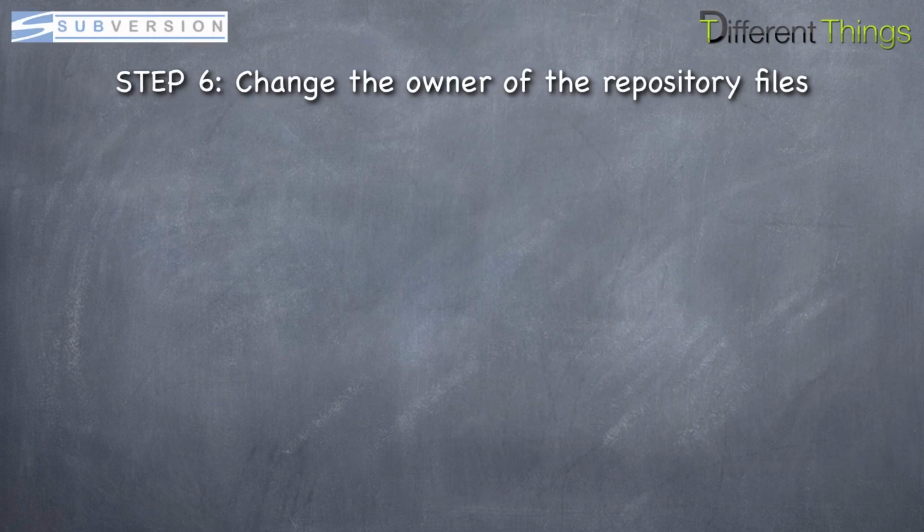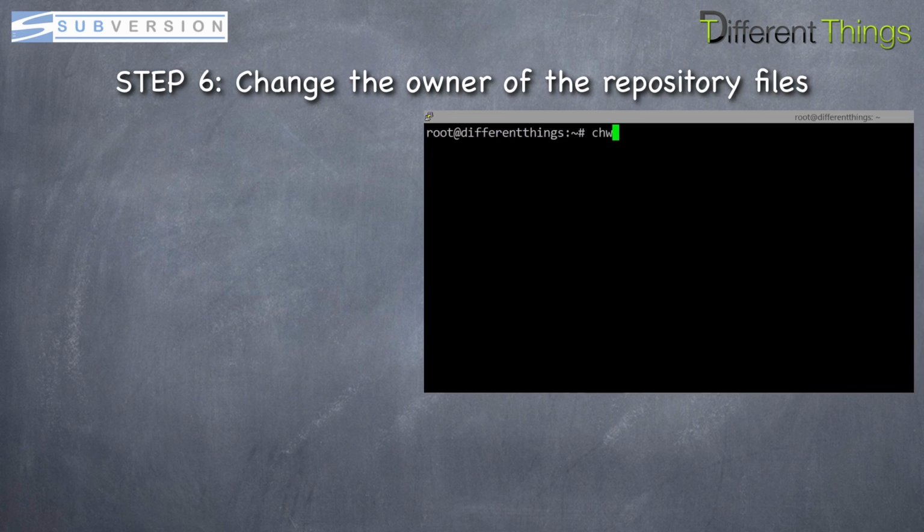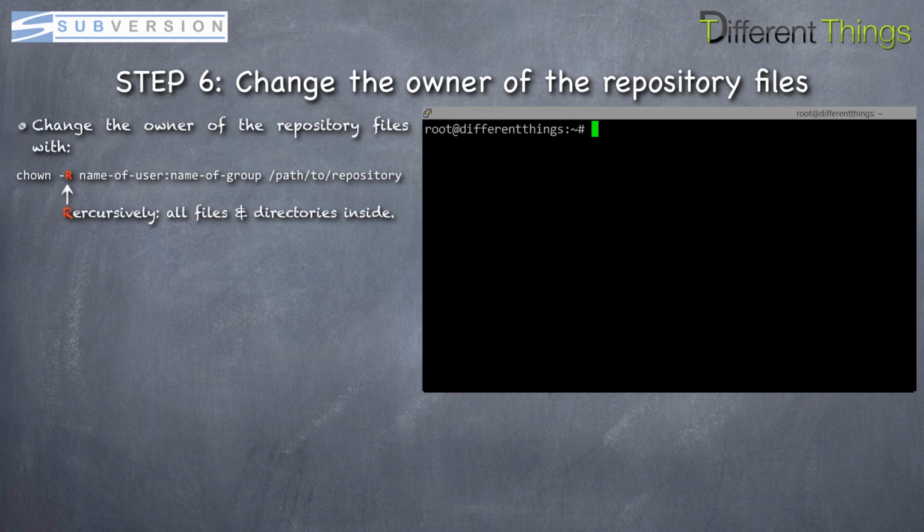Step 6. Change the owner of the repository files. Change the owner of the repository files with chown space -capitalized R space name of user colon name of group space and the path to the repository.